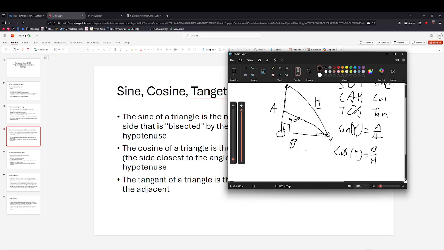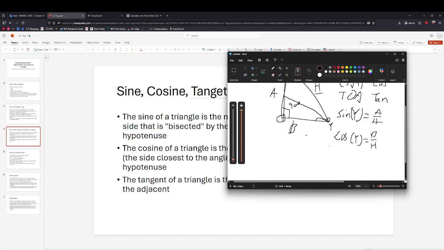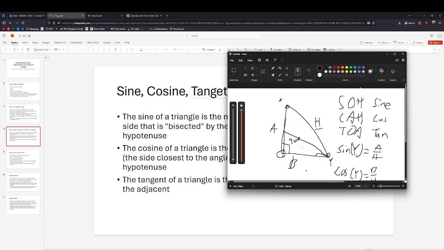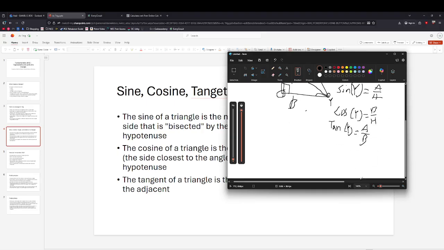So your adjacent is always going to be the odd one out. Then your tangent of Y is going to be your opposite over your adjacent. Again, we're not going to worry about the hypotenuse. Your opposite is directly across from the angle, and your adjacent is the one left over.